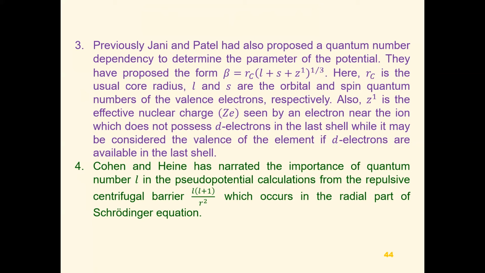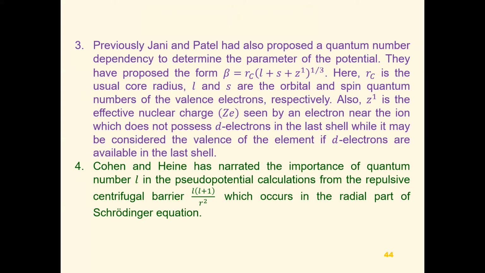Here, Z1 is the effective nuclear charge seen by electrons near the ions, which do not possess d electrons in the last shell, while it may be considered the valence of the element if d electrons are available in the last shell.